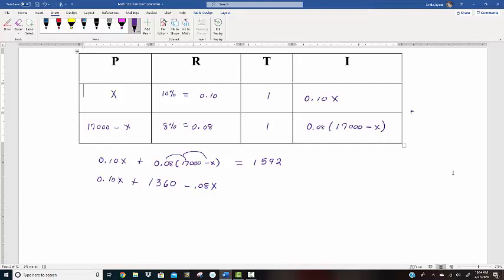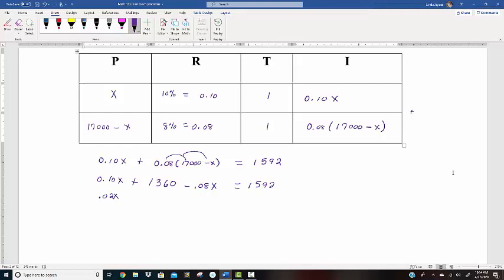All right, so far, still equal to this. So I'm going to combine my x's together. I've got 0.10 minus 0.08. That gives me 0.02x. Now I have to move this constant number and subtract it over here.